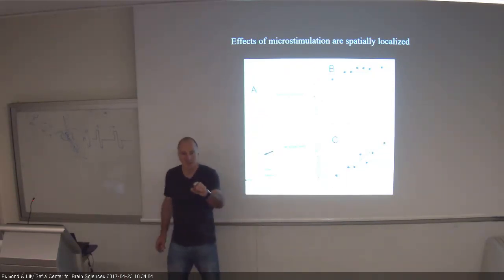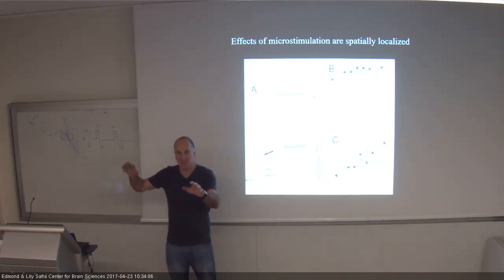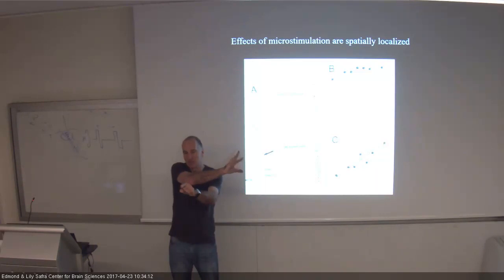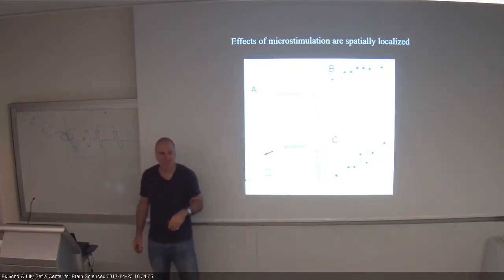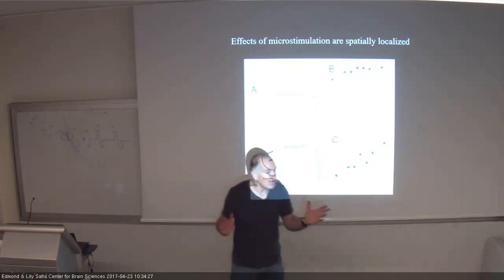I'm stimulating the cells, and these cells are sensitive to motion in that position in space. But now my stimulus is presented here. I'm stimulating these cells, but the monkey has to make decisions about movement going up or down here. What do you expect in that case? Would it make a difference?